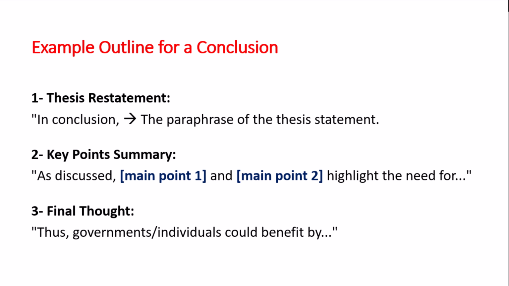It's a kind of summary referring to the outlines. Something like, as discussed, main point 1 and main point 2 highlight the need for something related to our writing essay. Then we can add a final thought. Something like, thus, governments or individuals could benefit by doing something. Something that can naturally and smoothly bring our writing essay to the end.